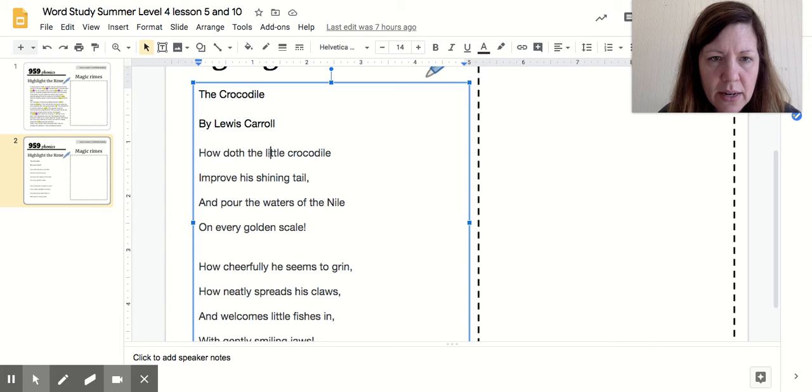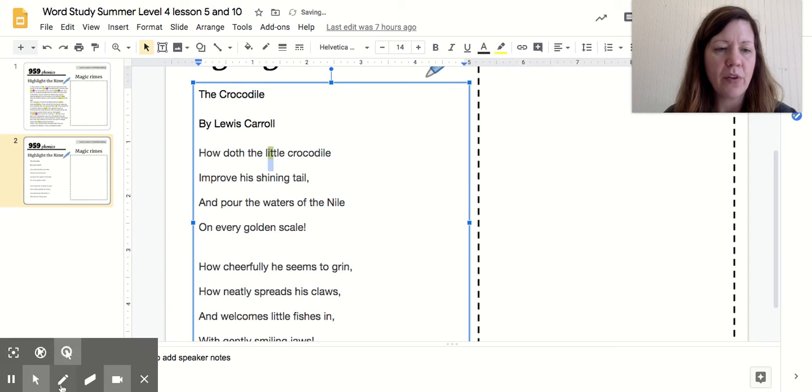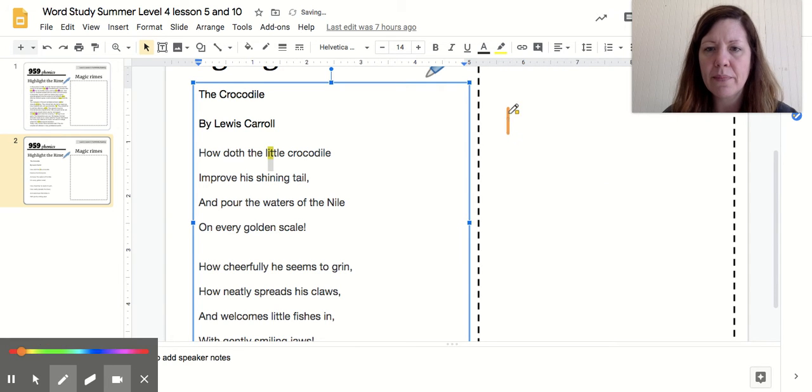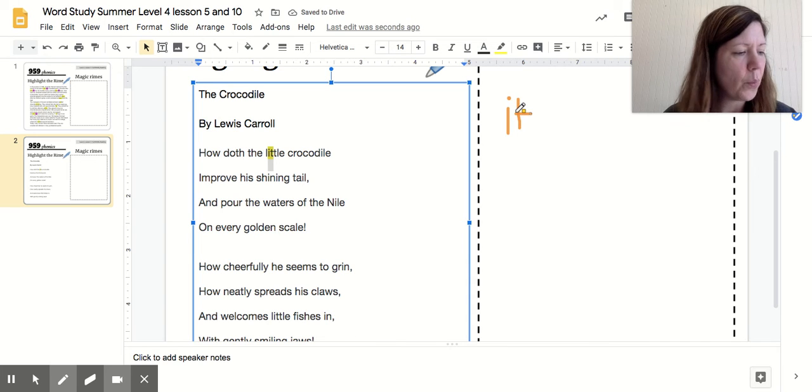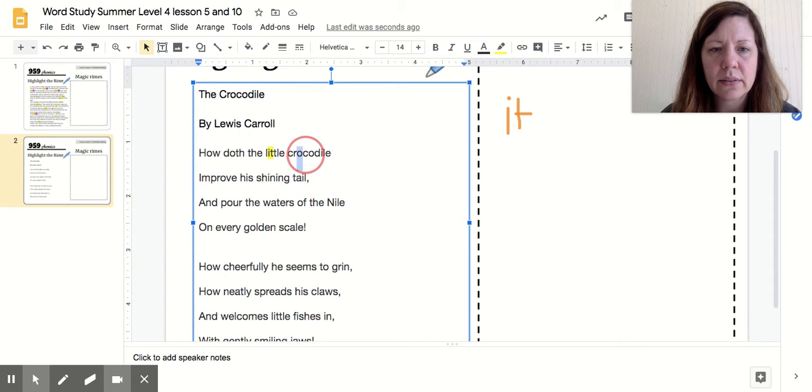IT. You can highlight it with whatever color you have, and then over in the box, we're going to write IT, it. How about the word crocodile? What are some of the magic rhymes that you see there? Like I see croc, right?